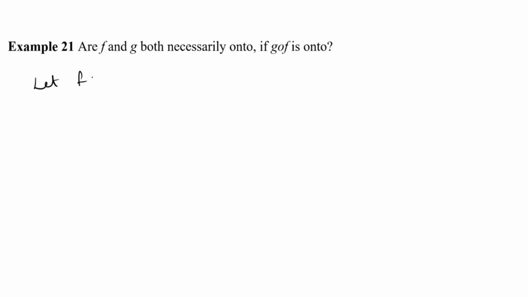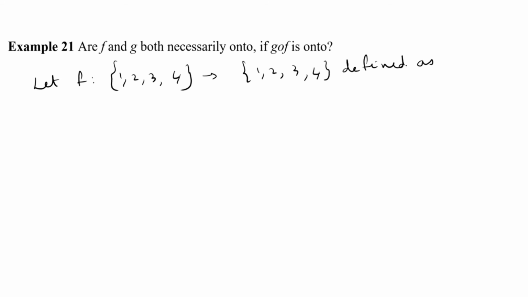Let f be a function from the set 1, 2, 3, 4 to the set 1, 2, 3, 4 defined as f of 1 is equal to 1, f of 2 is equal to 2, f of 3 equal to f of 4 equal to 3.